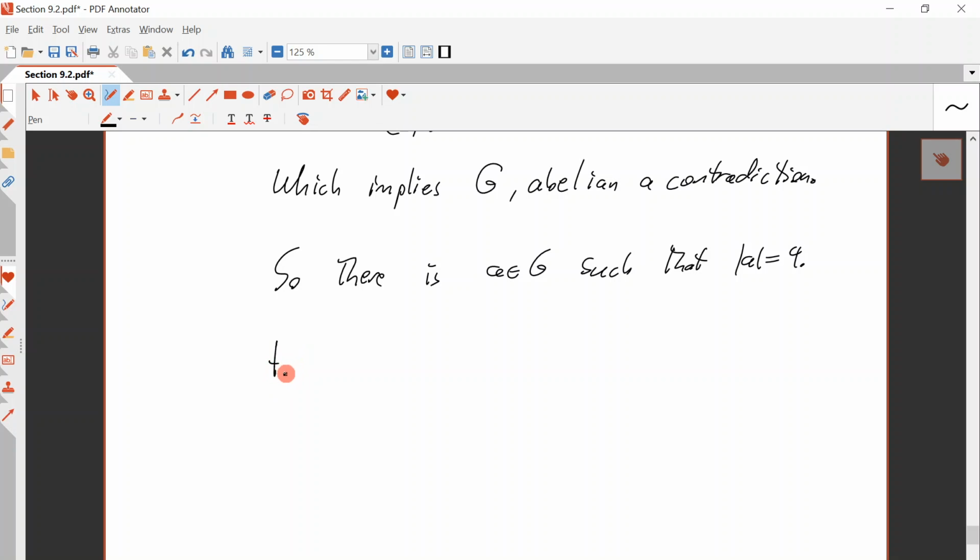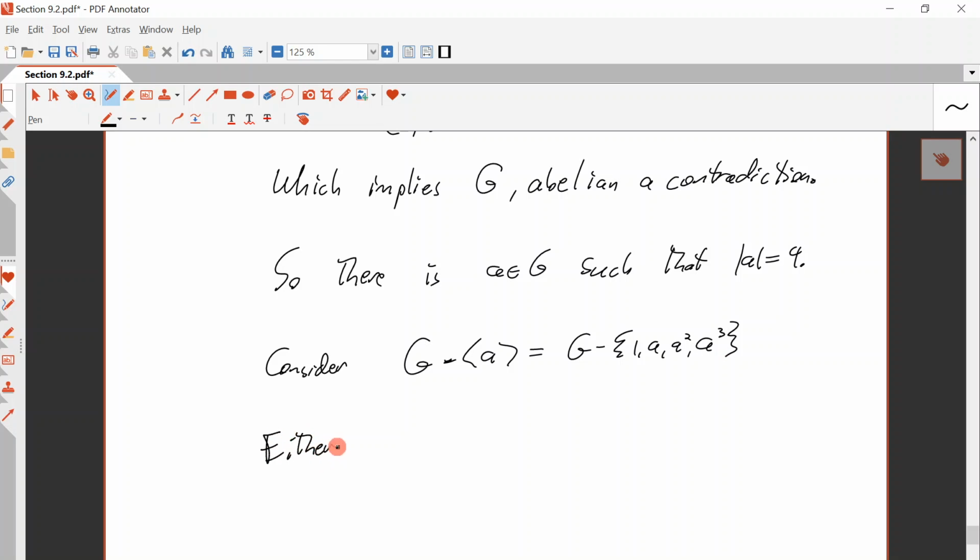So now consider G minus that cyclic subgroup generated by A, right? G minus {1, A, A squared, A to the third}. Right? Two things happen.